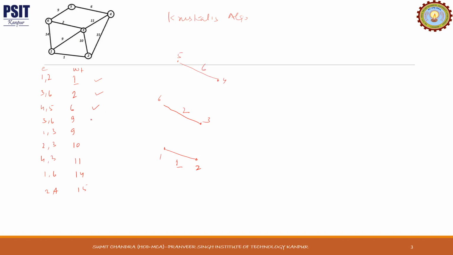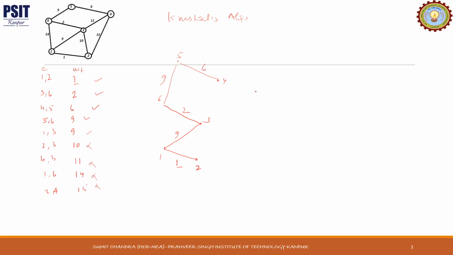Then we'll add 5 6, again not creating a cycle. Then 1 3, it is not creating a cycle. So now all the vertices are connected, so no need to add more edges.